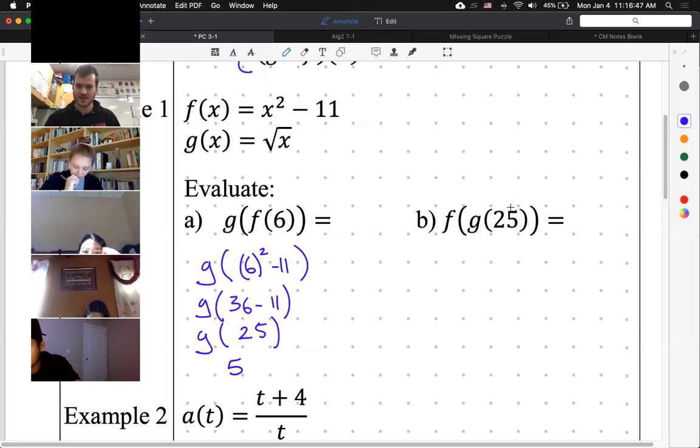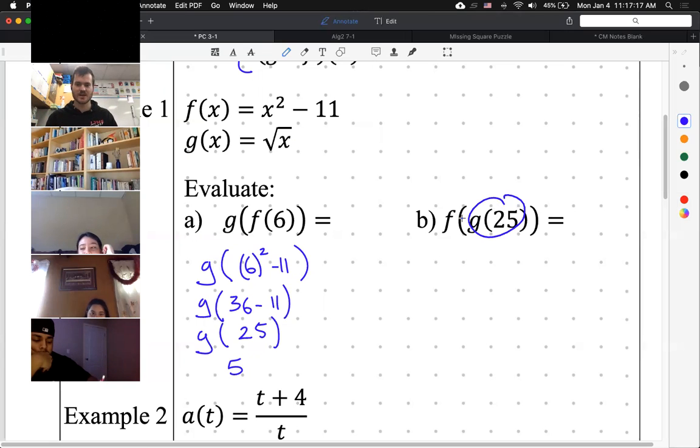Okay, so this 25. Is 25 going to be plugged first into the first X or the second X? Someone aside from Ellery who did the last one. Yeah, Caroline? The second one. Yeah, why? Because we're starting with G now. Yeah, G is the most inside one.